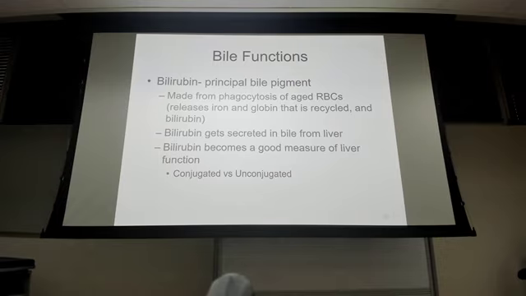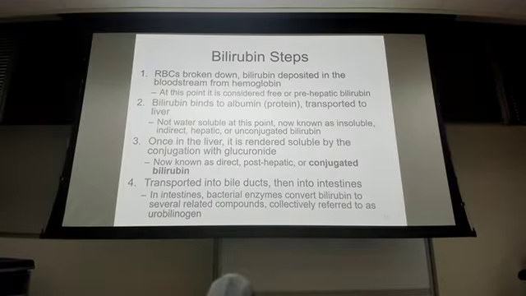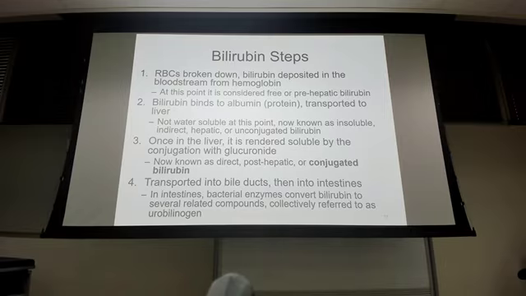And now we're going to get in-depth into conjugated versus unconjugated bilirubin. So, 4 main steps of the bilirubin pathway. Let's just go through each of those. So, as I mentioned, red blood cells are broken down, and then they're going to release bilirubin.